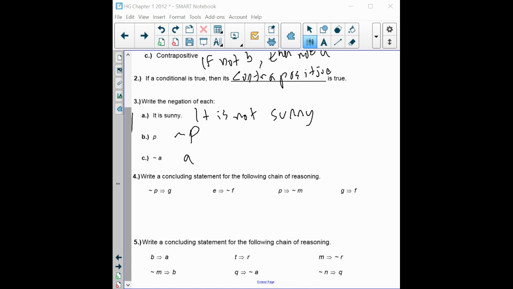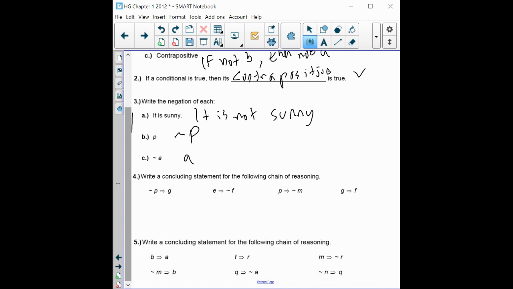Okay. So that's important when we get some reasoning statements and we're trying to form a full conclusion. For this one, we're told that if not P, then G. If E, then not F. If P, then not M. And G goes to F. With this, we also have to realize the contrapositive is also true.